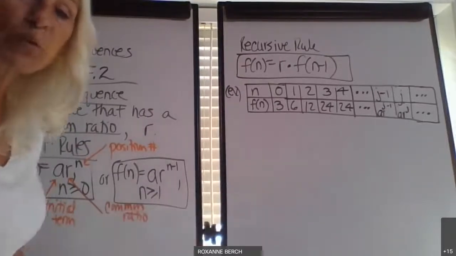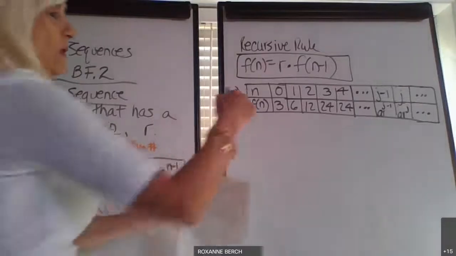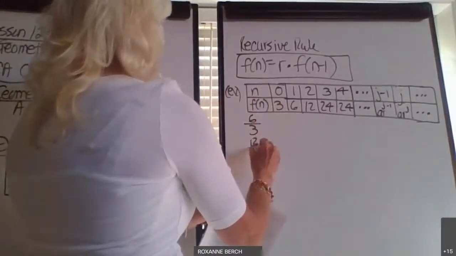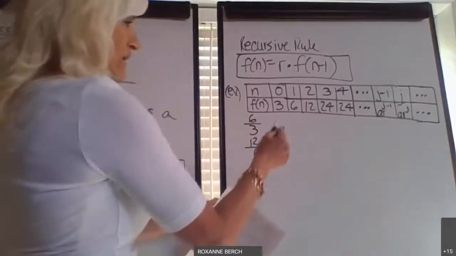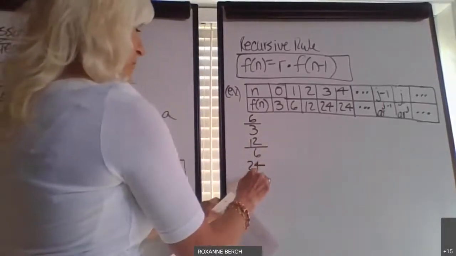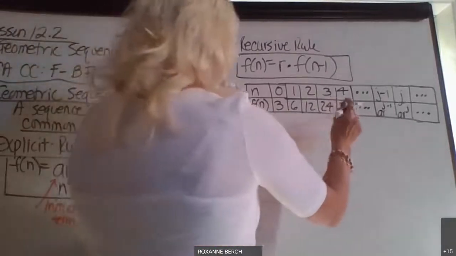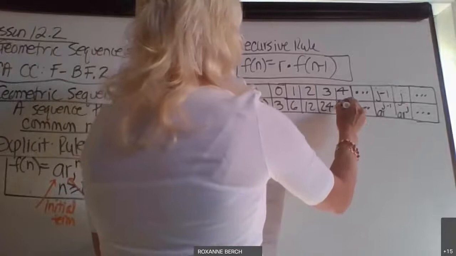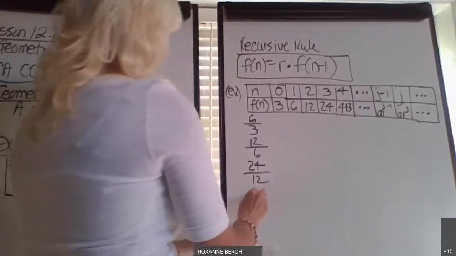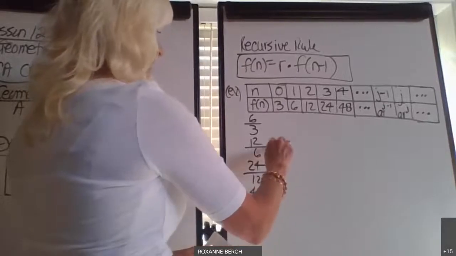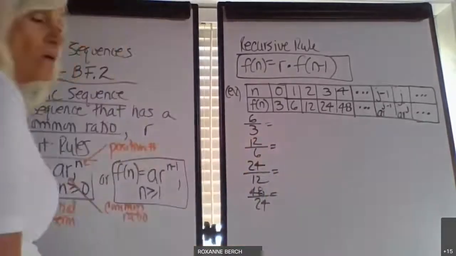We want to find the common ratio. So we're going to take 6 divided by 3, 12 divided by 6, 48 divided by 24, and see if we have a common ratio.